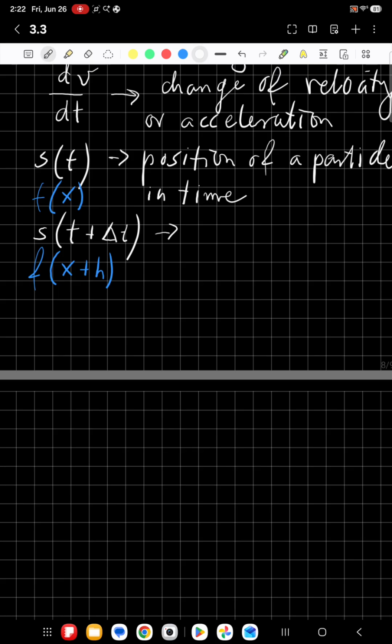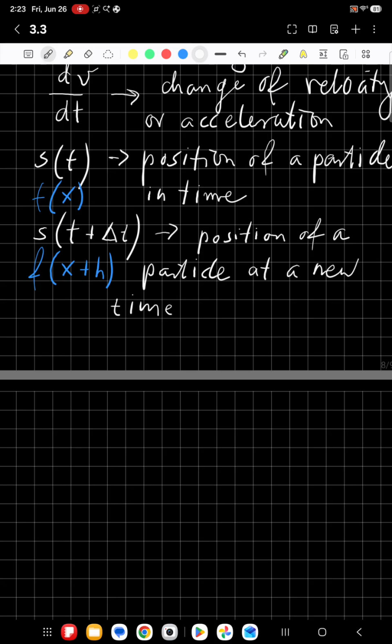That delta t is some time past, and that's a new position of our particle. So position of a particle at a new time, that t plus delta t.